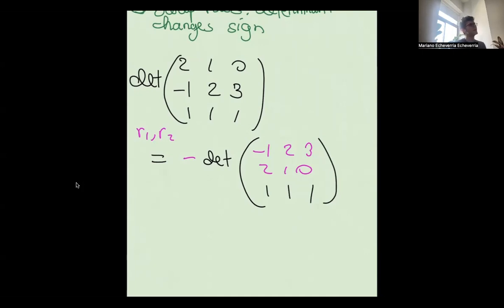Okay, yeah, for now, this is more or less everything that I wanted to say about the determinant. Are there any questions about this up to this point?